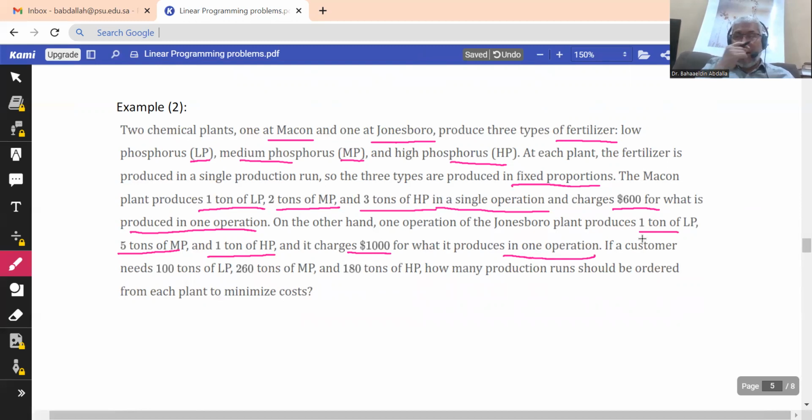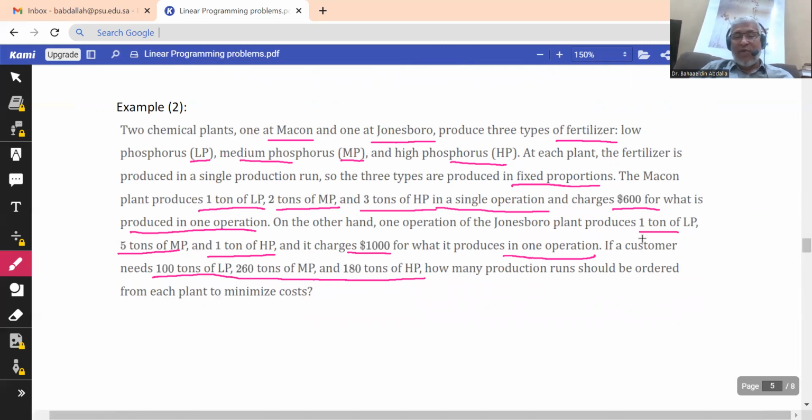I cannot determine the decision variables according to the previous information here. I have to wait to listen to the question: what are the unknowns? If a customer needs 100 tons of LP, this is what we need to produce.